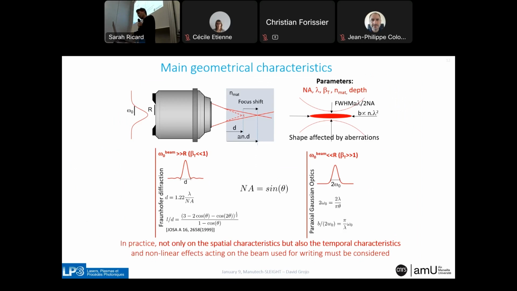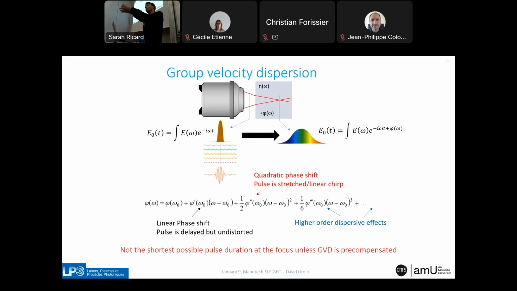But the point I would like to emphasize now is that this is the spatial characteristics, but we also have to be aware of the temporal characteristics of the pulses when you are processing. So the main problem in terms of linear optics that you have to address is the problem of group velocity dispersion. When you work with extremely short pulse durations, in practice, you can see the pulse as a superposition of many spectral components. That's the principle to create these extremely short pulses.